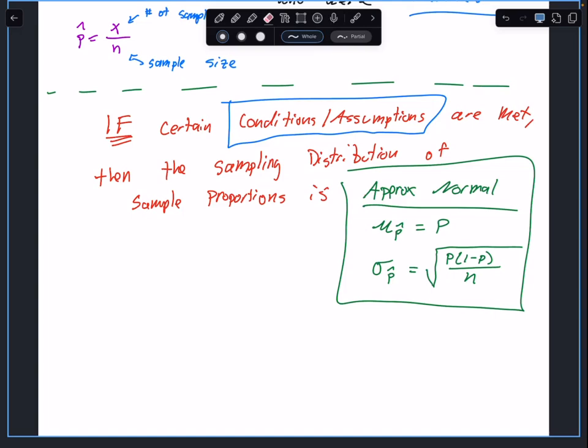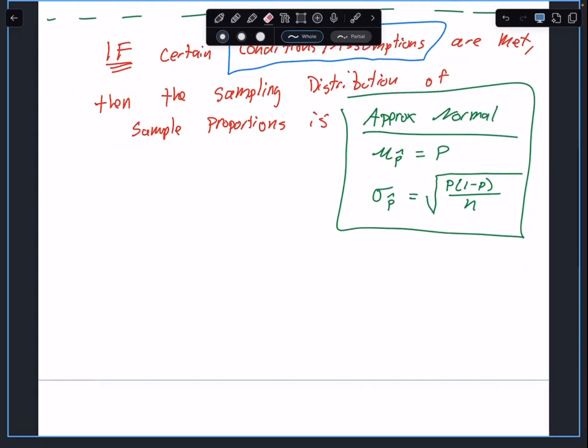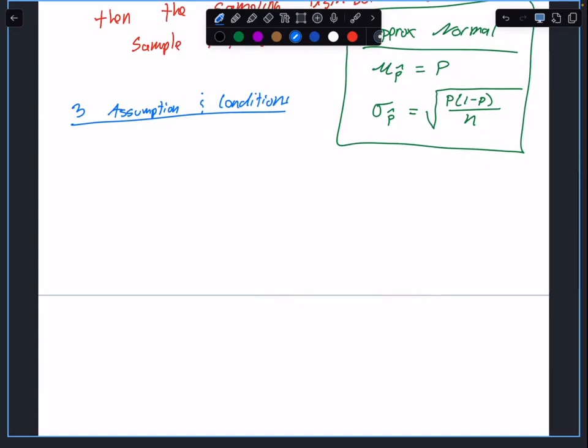Okay, so what are the conditions? There are 3 assumptions and conditions. We call them the assumptions and conditions. As a way of remembering them, they are S-I-N, sin.